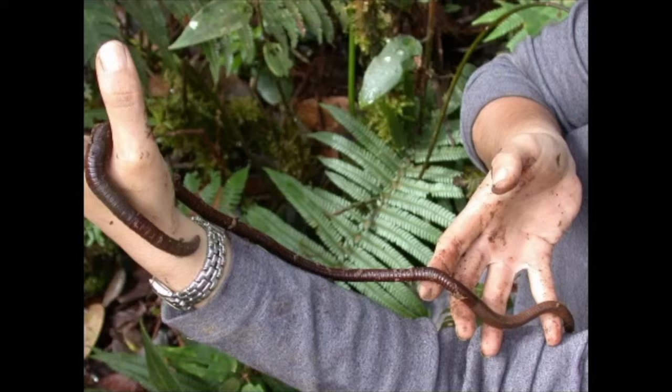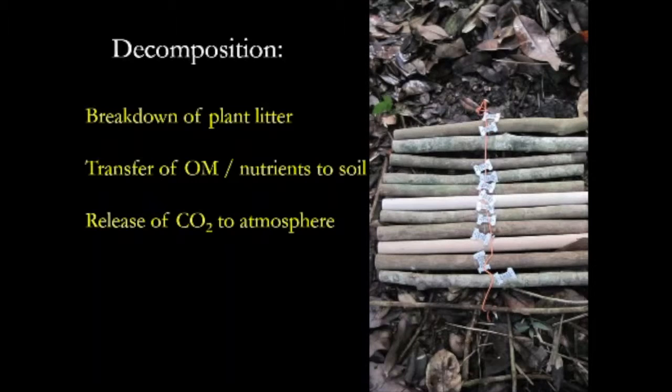So I am particularly interested in studying them and seeing what their effects are in terms of decomposition and nutrient cycling in these tropical systems, but also in other ecosystems. I have had the opportunity to look at this question in temperate as well as Arctic ecosystems.